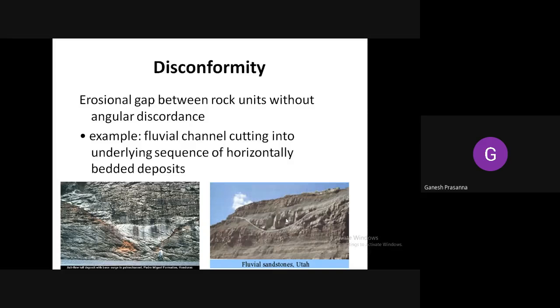So it represents a gap between two rock units, but here the gap will not have any angular discordance. Examples are a fluvial channel cutting into the underlying sequence of horizontally bedded deposits.